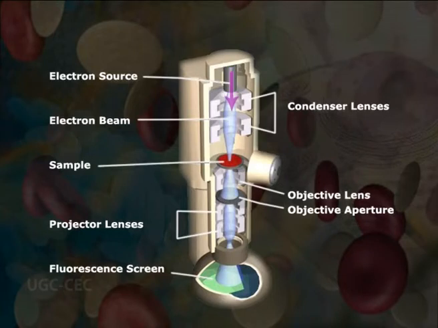In transmission electron microscope, a beam of electrons hits a very thin sample. Usually, the thickness of the sample should not be more than 100 nanometer. The electrons are transmitted through the sample. After that, the transmitted electrons hit a fluorescent screen to form an image of the specimen.